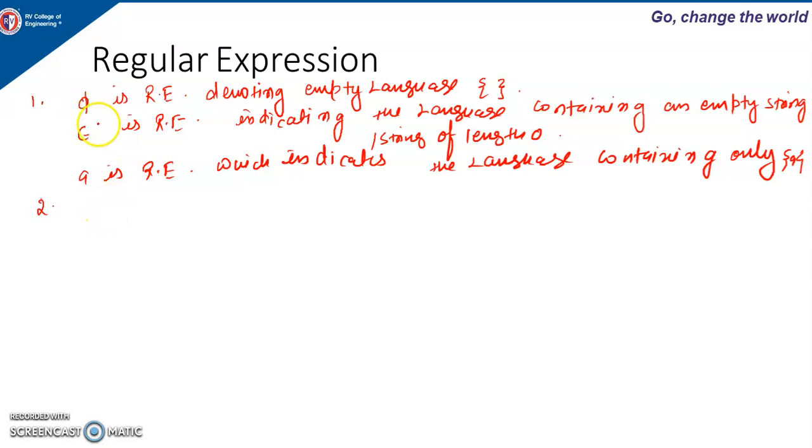So phi is a regular expression for empty language, epsilon for string of length 0 or empty string, and A is a regular expression which indicates the language has only A.